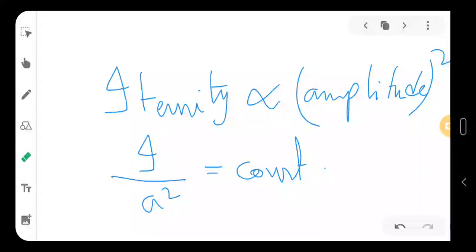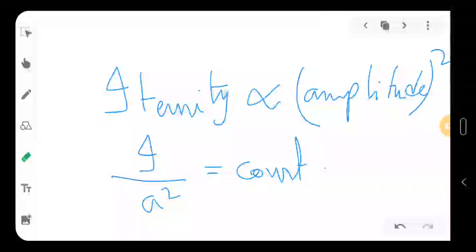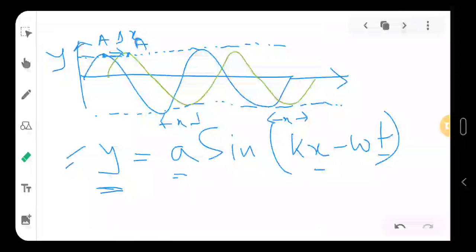So these are two things which were very important in this chapter. One is the energy and intensity, and the intensity is dependent on amplitude, and then the speed of the wave. Now we have seen that the displacement, why we cannot use it for taking out the velocity, because if we take dy dt, we will get only the velocity of that particle which is vibrating.